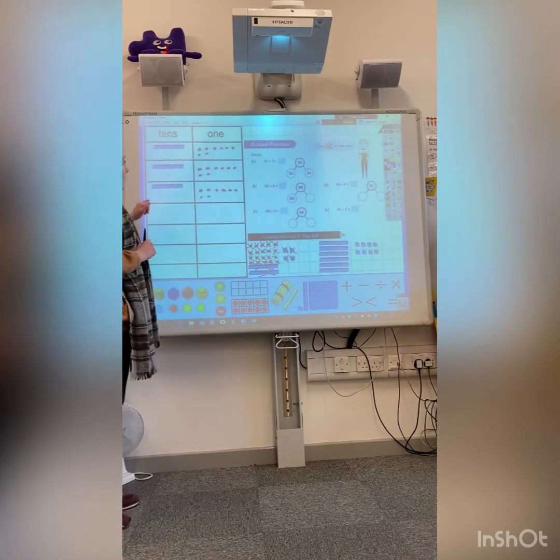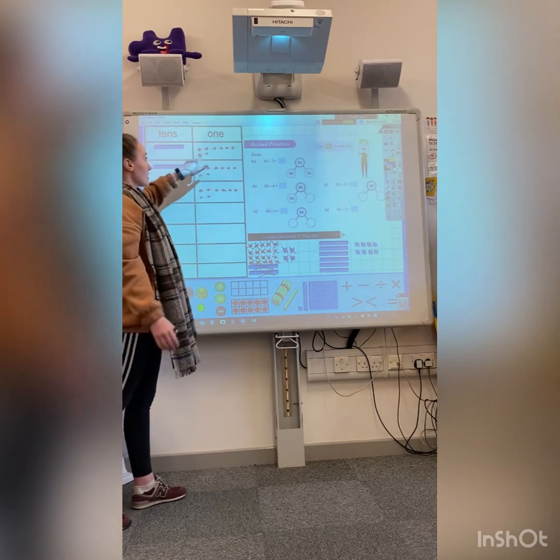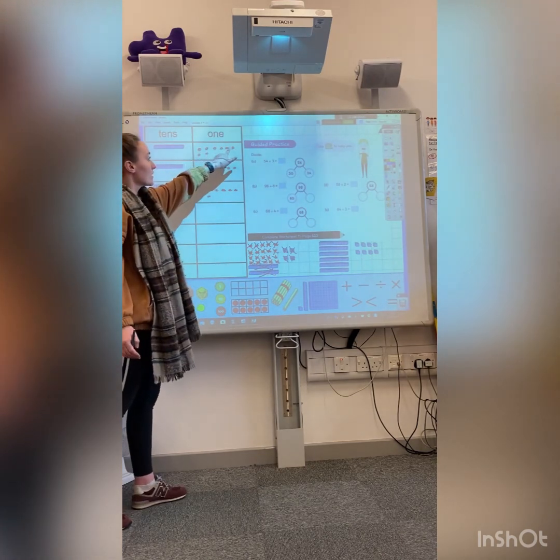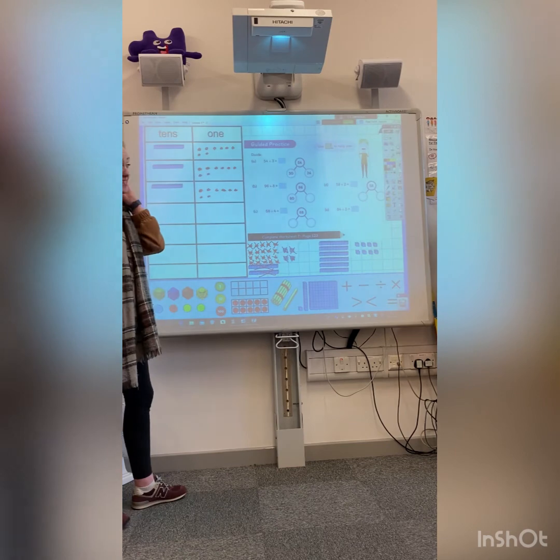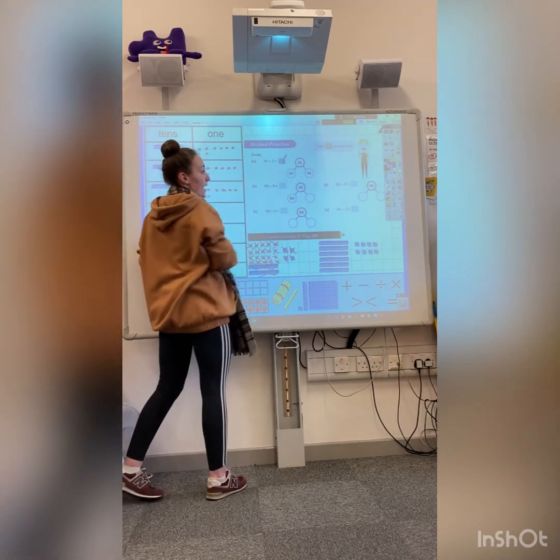Okay, so now I've got 1 ten here, which is 10, and then let's see how many ones I've got. 1, 2, 3, 4, 5, 6, 7, 8. 10 add 8 is 18, so 54 divided by 3 would be 18.